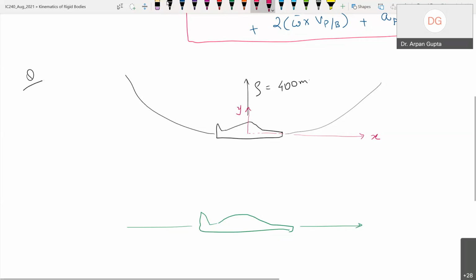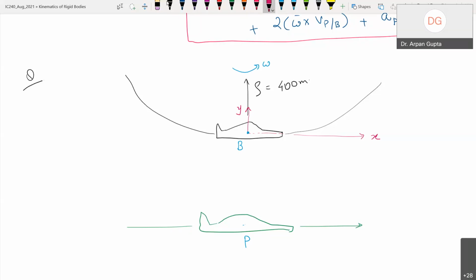Now let us call this plane P, and this plane B. You can see that this frame B is actually rotating with an angular velocity omega equal to V by R, right? The velocities are given to us.